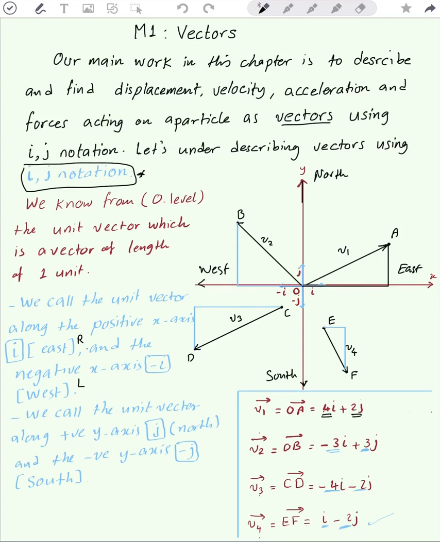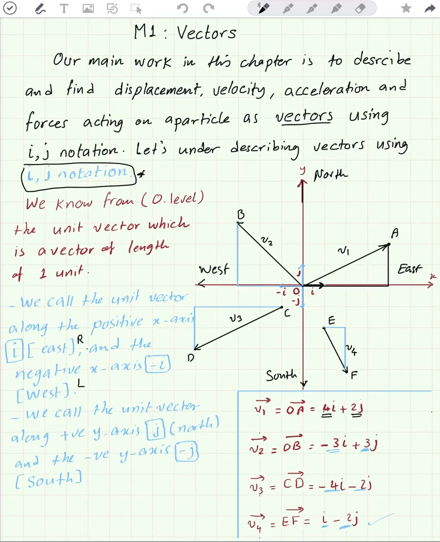We know from O level the unit vector. We remember the unit vector, which is a vector of length of 1 unit, as explained in blue here. I'll do it again, but in black to see it. This vector here is I. Do you see this I?